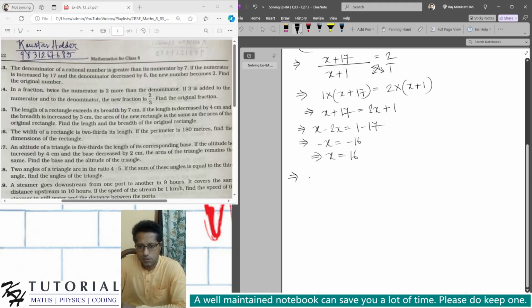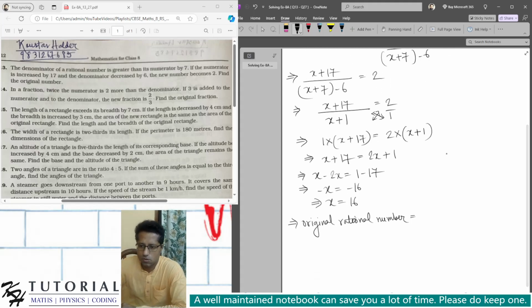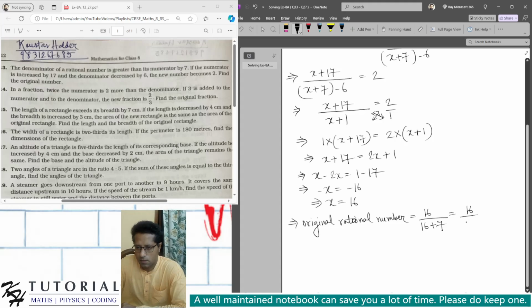It has asked for the original number. So the original rational number was x by x plus 7, so it will be 16 by 16 plus 7, which is equal to 16 by 23. So this is the original rational number.